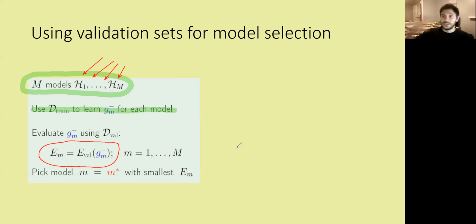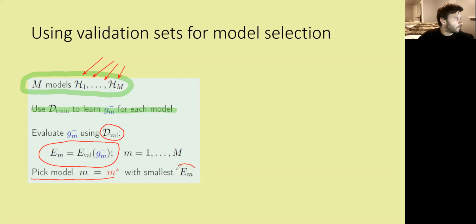So we have all these different models that we built from the training data, and we have the optimal parameters for each of them. We have all these different optimal hypotheses, and we want to know which one's the best. The way we do that is by running them all against the validation data, that holdout data. And whichever model performs the best out of sample, that is the model that we are going to pick.